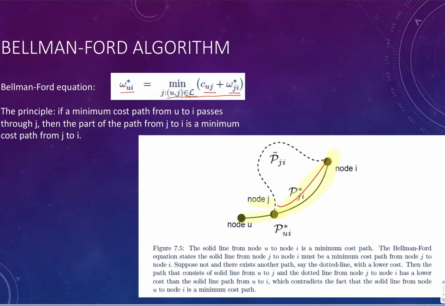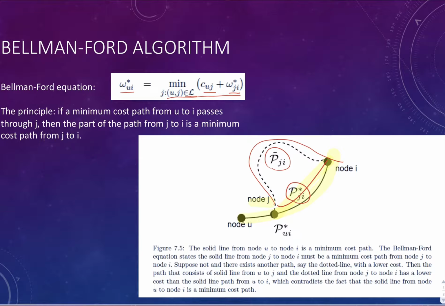Suppose there was actually another lower cost path from node J to node I, which has this path P_JI tilde, which for the sake of contradiction we assume has lower cost than the path P_JI star.